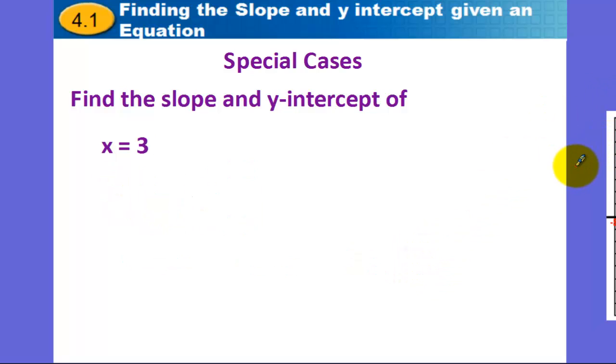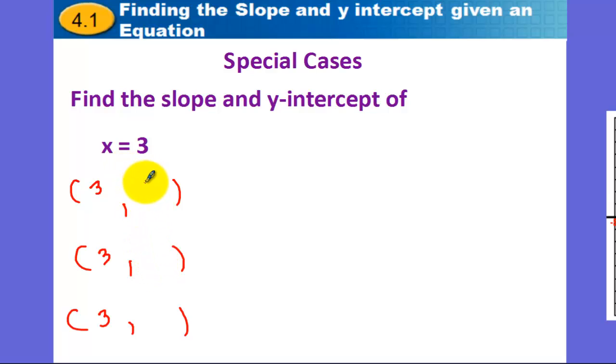What if we have x equals 3? What is the slope and the y-intercept? So again, let's try to describe what we mean by x equals 3. The first number in your ordered pair will be equal to 3. And then we can just put any random value for our y.